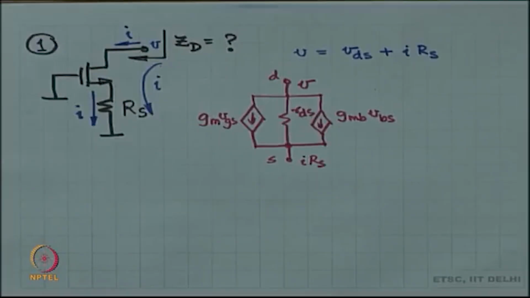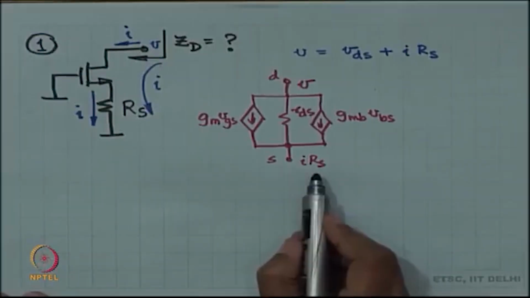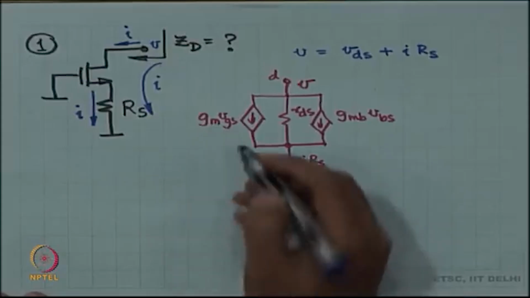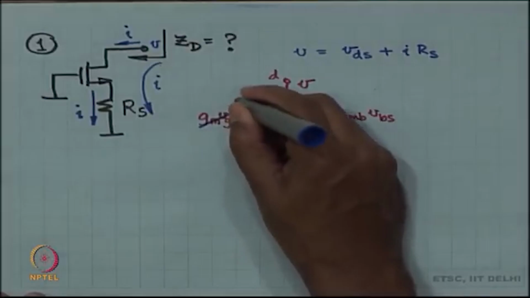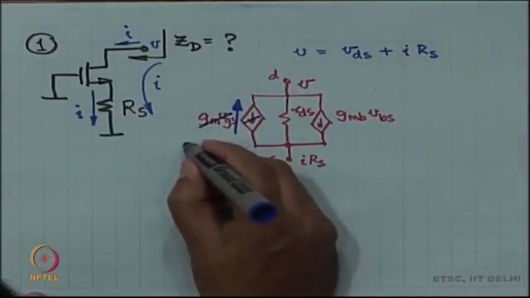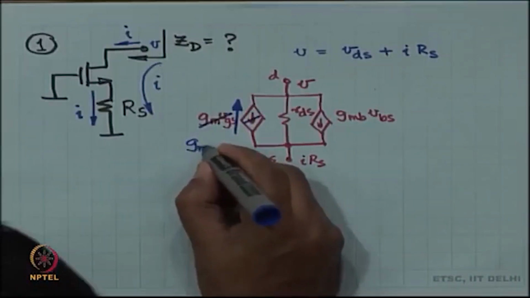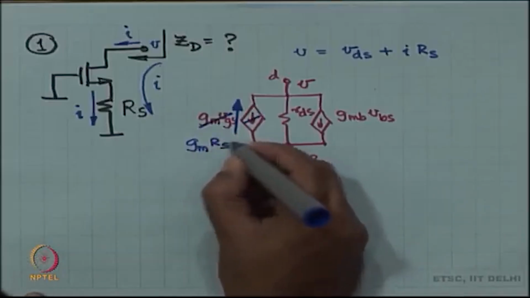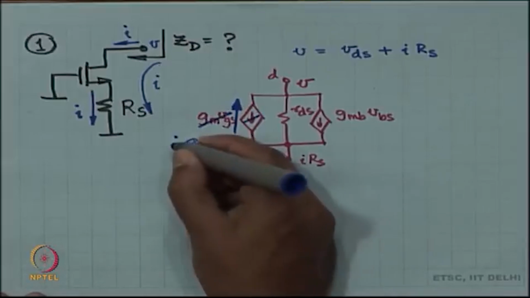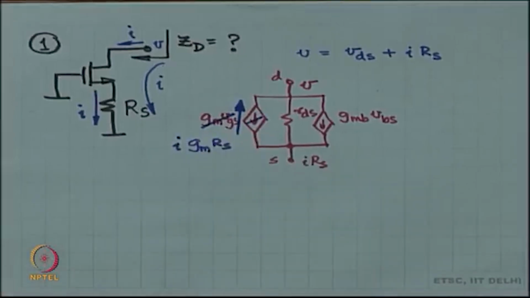So, what is GM times VGS? Source is I times RS, gate is at ground. So, I am going to correct GM times VGS to point upwards, and the value will be GM times RS times I, that is the current pointing upwards.